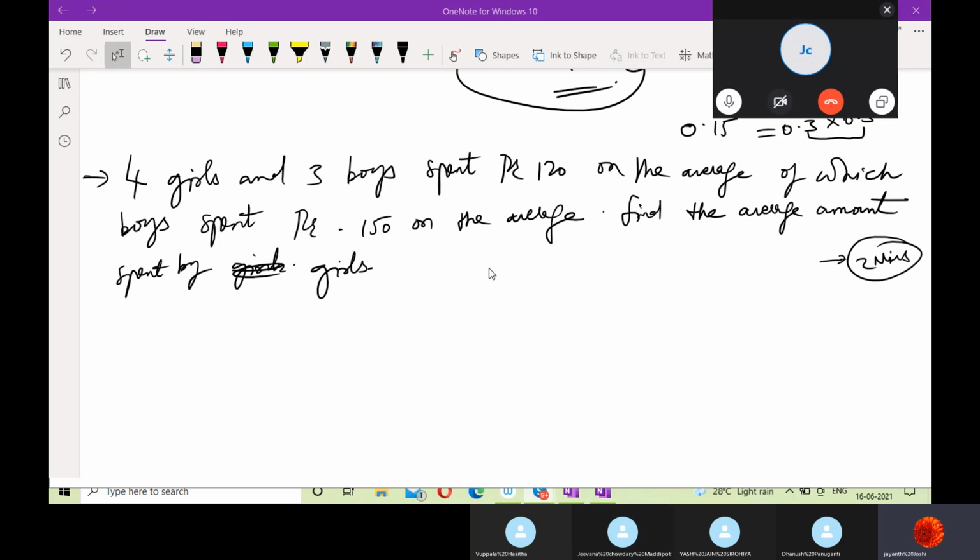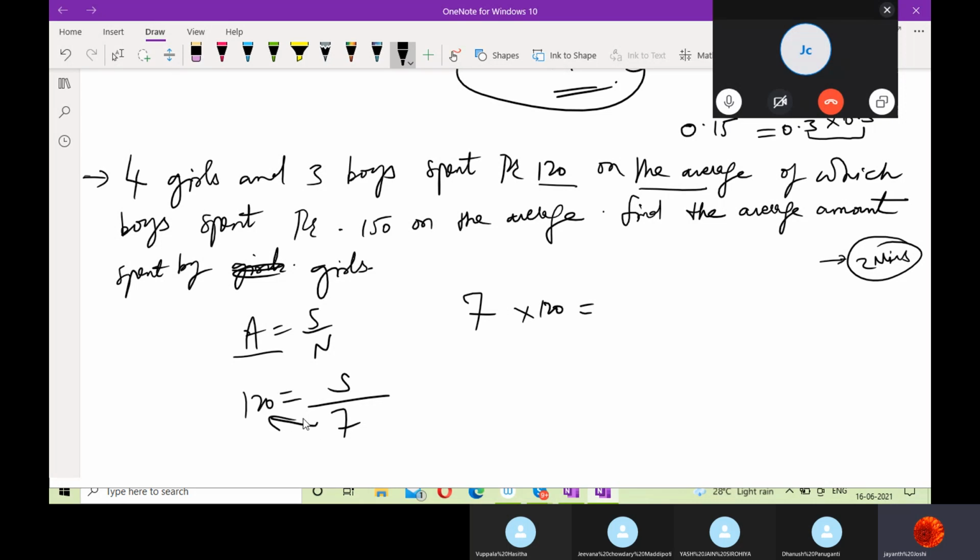Okay. So see, it is very simple. 4 girls and 3 boys spend rupees 120 on an average. So what is the total expenditure? There are 7 people, 120 per head they are spending, correct? Average is equal to sum by number of terms. Number of terms is 7. Sum we don't know. Average they have already given to us, 120. If we cross multiply, we get the sum. So sum is equal to 840. 12 sevens are 84, 840 rupees. Correct?